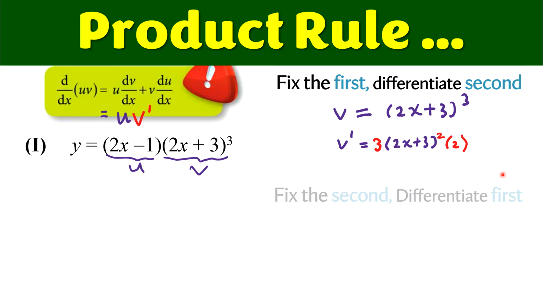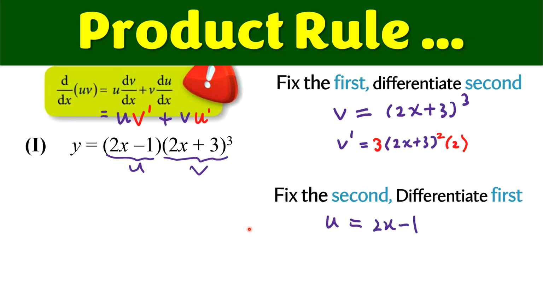All right, now I'm going to move on to the second half. For the second half, I'm going to fix the second and then differentiate the first. So what is my first function? My first function here is u, so I have u equals 2x minus 1. To find u prime, I get 2, very easily by using the power rule.